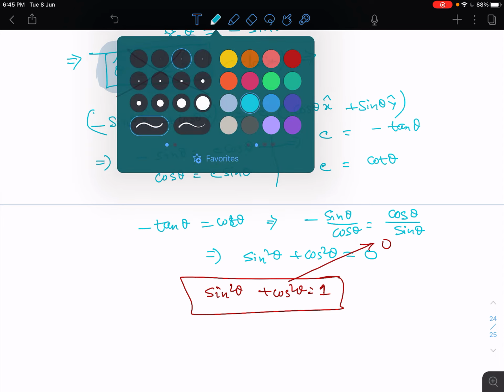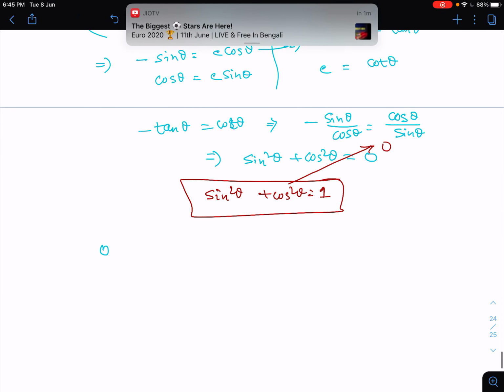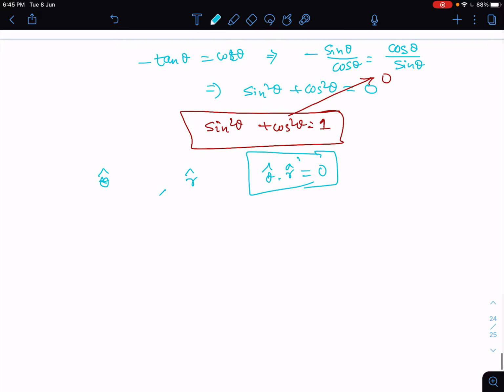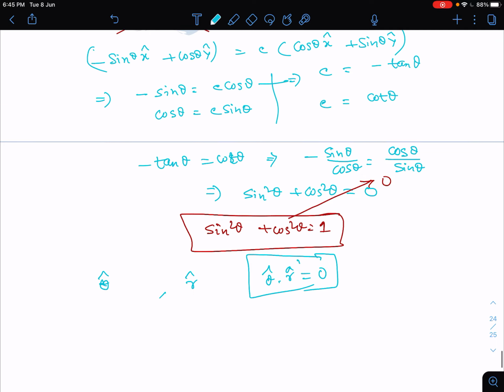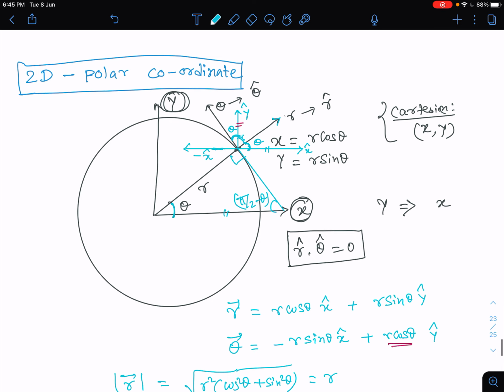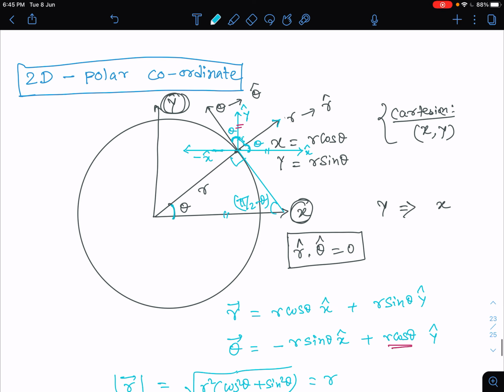That means theta cap and r cap are linearly independent and they are orthonormal to each other. That means they form a rectangular coordinate system. So this is our introduction to the 2D polar coordinate.